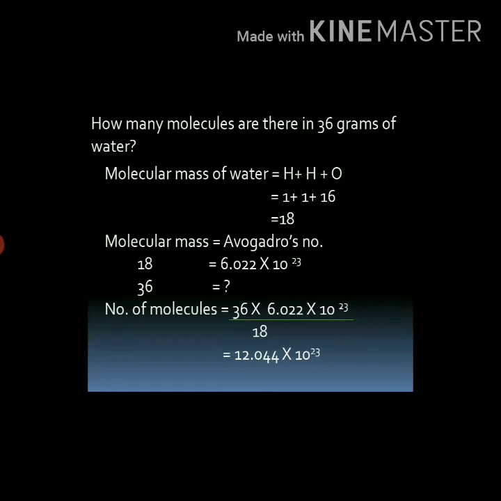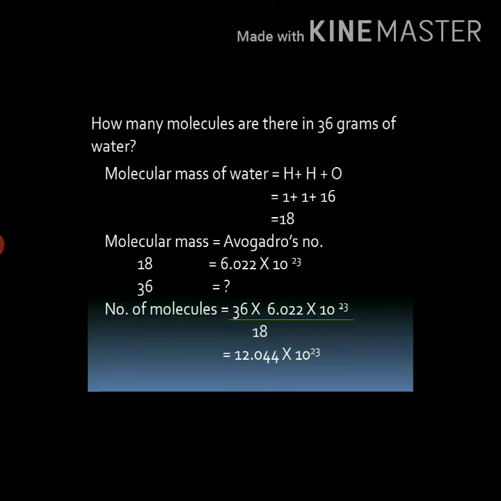Now let's see sums based on Avogadro's number. How many molecules are there in 36 grams of water? First we find out the molecular mass of water. Molecular mass of water is 18. We have seen the molecular mass of any substance is equal to Avogadro's number. So when 18 grams is equal to 6.022 into 10 raised to 23, if the mass is 36, how much is the Avogadro's number?